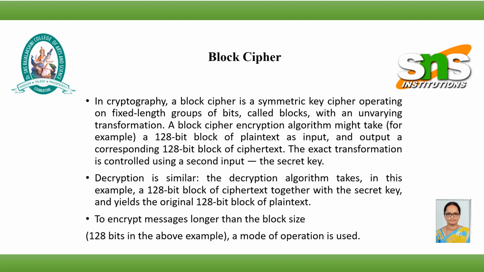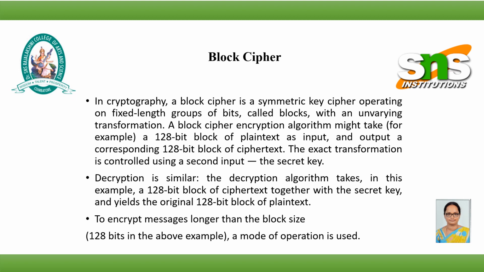Block cipher. In cryptography, a block cipher is a symmetric key cipher operating on fixed-length groups of bits called blocks with an unvarying transformation. A block cipher encryption algorithm might take a 128-bit block of plain text as input and output a corresponding 128-bit block of ciphertext.